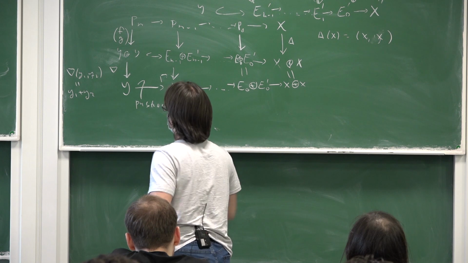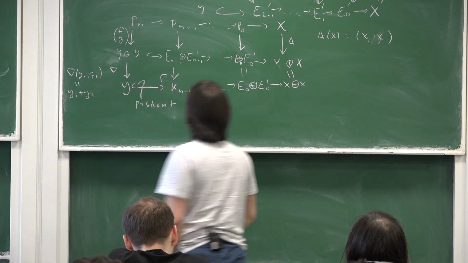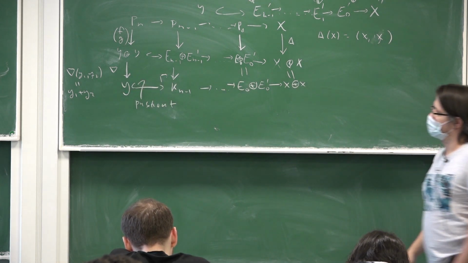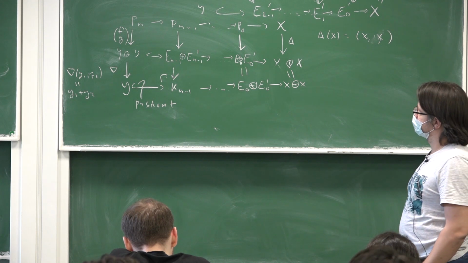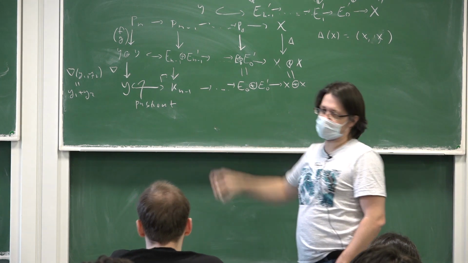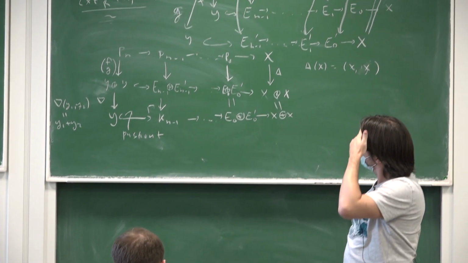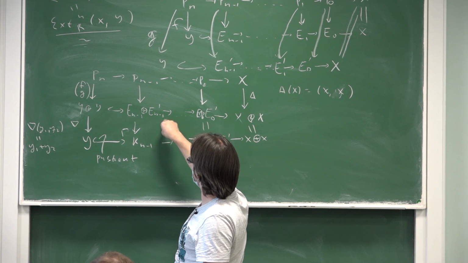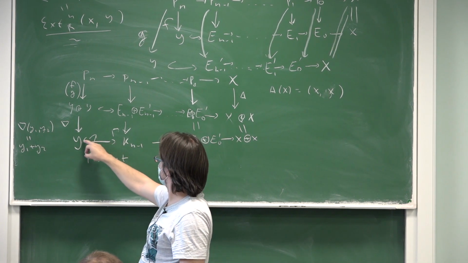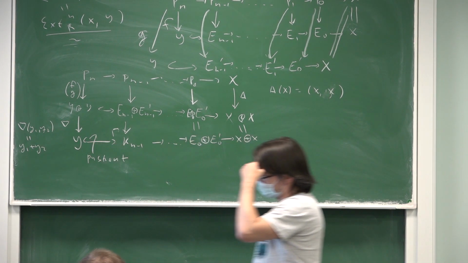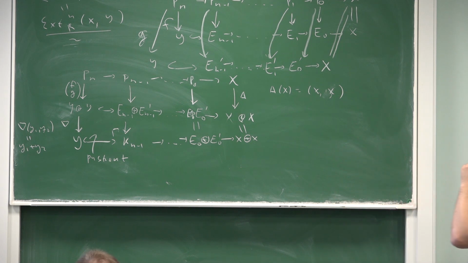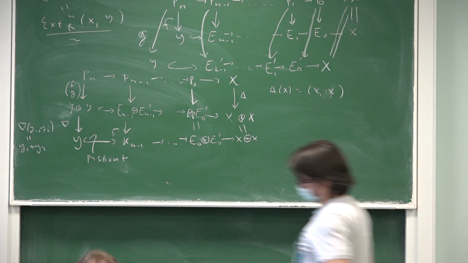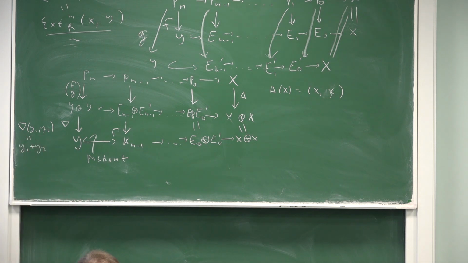So we will get this map by the universal property of push out, using the conditions that this square has to commute and this composition has to be 0. Well, it is in fact a common construction.